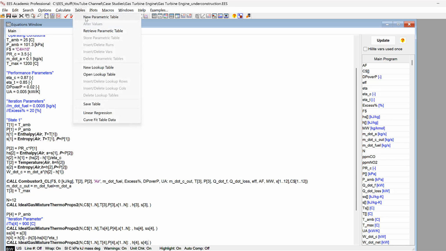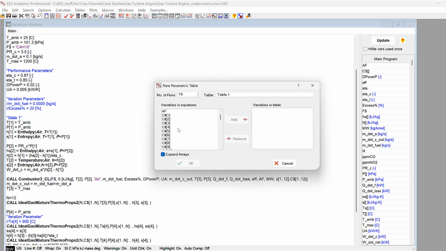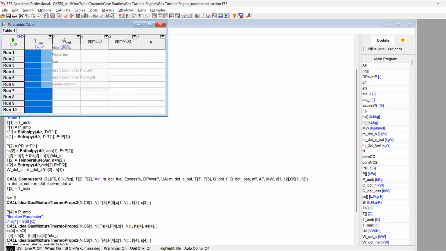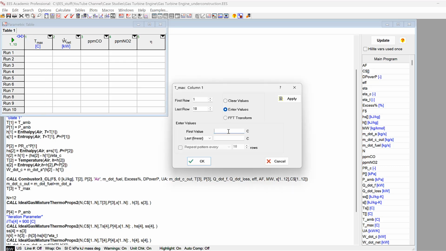So let's do a new parametric table, and we'll put in this table Tmax, the net power you're getting, the concentration of these pollutants, and then the efficiency of the turbine. We'll run this from something like 800 to 1400.